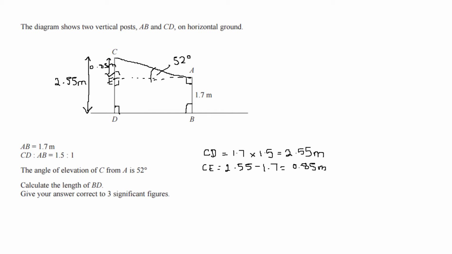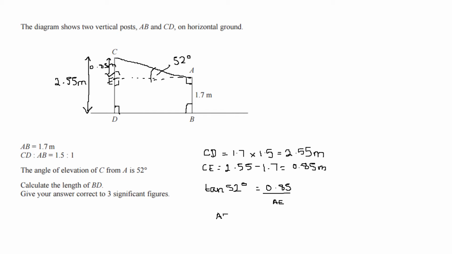Now if I have a look at my angle of 52 degrees, AE is parallel and equal to BD. So if I find AE, that will be the same as the length of BD. AE is adjacent to my 52 degrees and CE is opposite. So I've got opposite and adjacent, so I'm going to use the tangent ratio. Tan 52 degrees is equal to opposite, which is 0.85, over adjacent, which is AE.